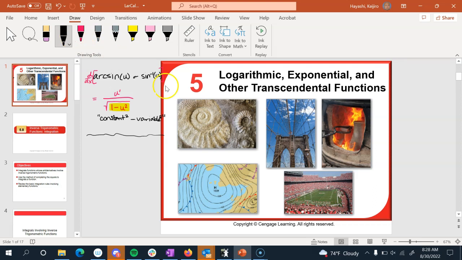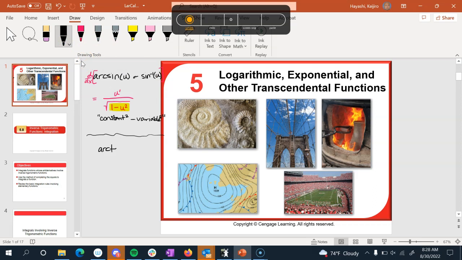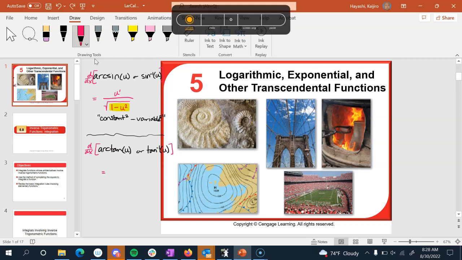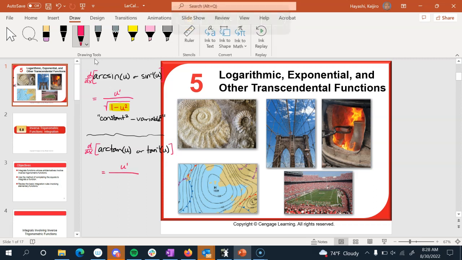The second of these is, we say that that's arctan, or the inverse tangent. And the derivative of that is marked by having no square root. But more importantly, it's marked by the addition of both of these, of 1 and u squared, or u squared and 1.